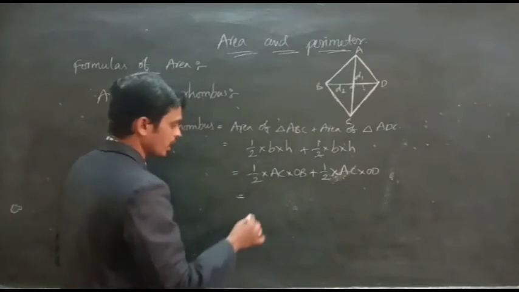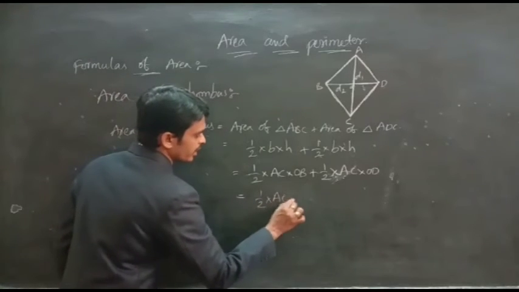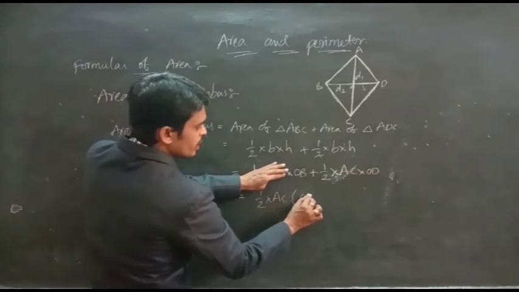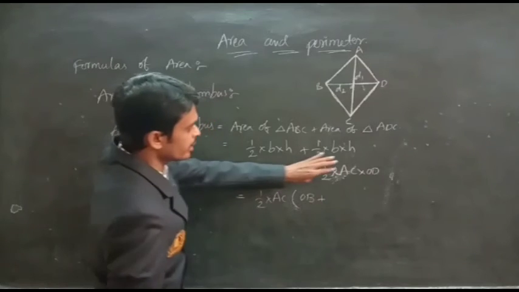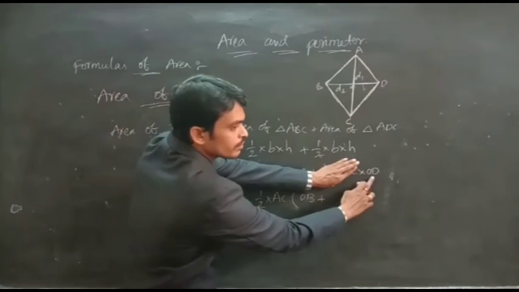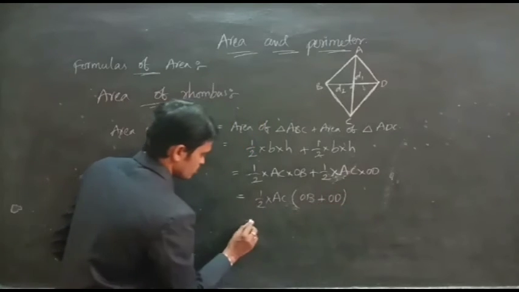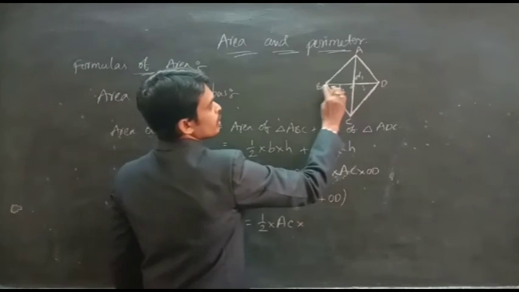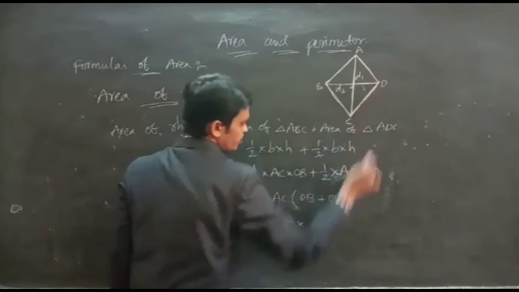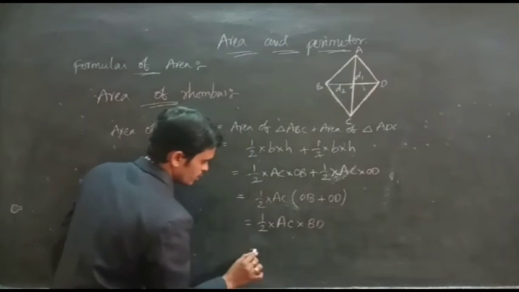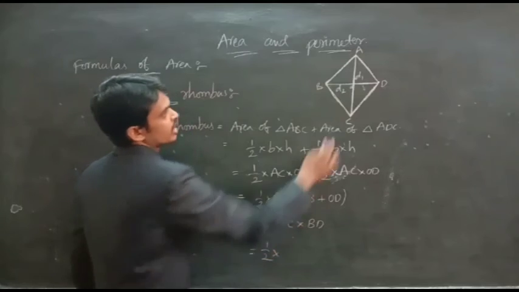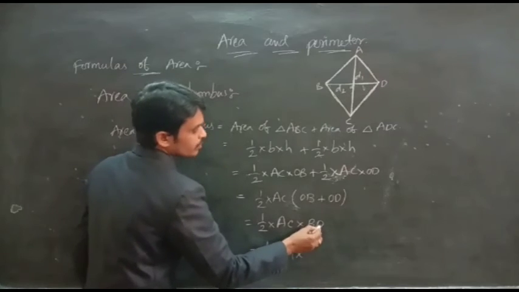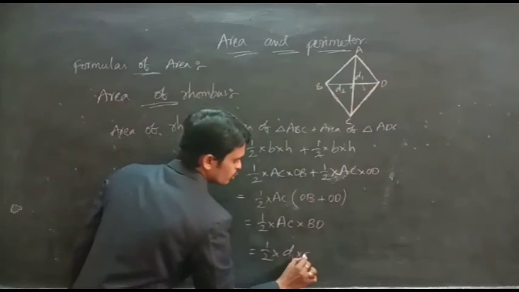Taking half and AC common, what is left? OB plus OD, which is nothing but the other diagonal BD. So half into AC, which is D1, into BD, which is D2.